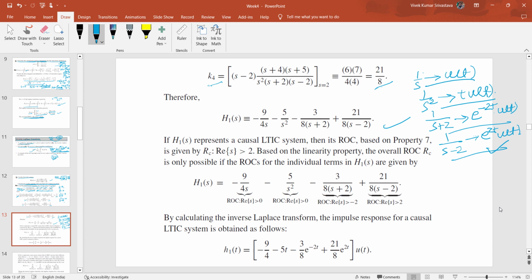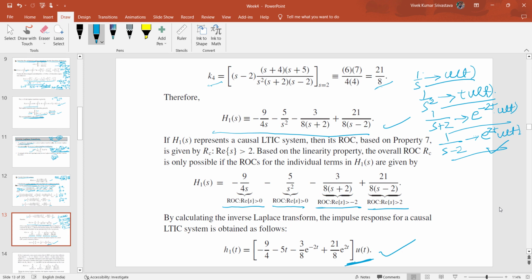From there we can directly take the inverse Laplace transform, and the final impulse response is minus 9 by 4 minus 5t minus 3 by 8 e to the power minus 2t plus 21 over 8 e to the power 2t, times u(t). This defines the impulse response, where I define the region of convergence for each partial fraction.